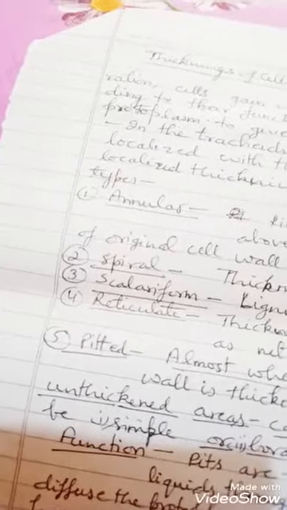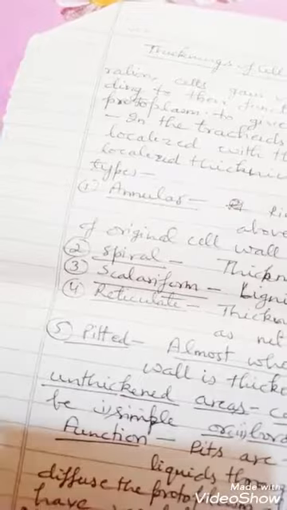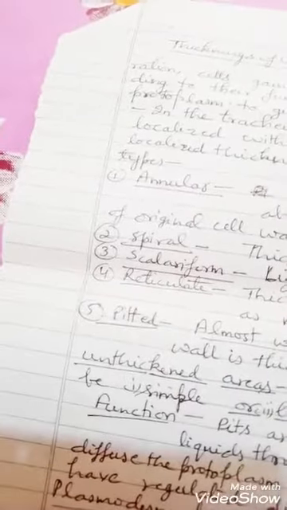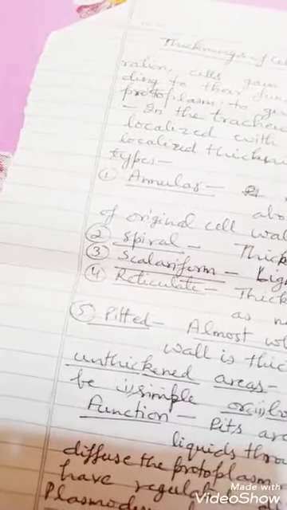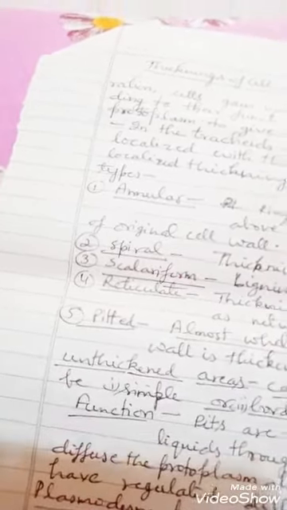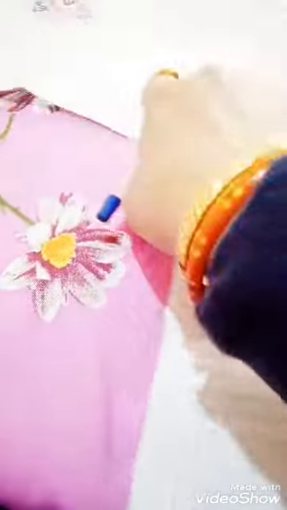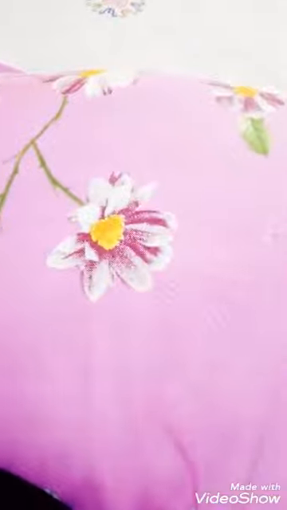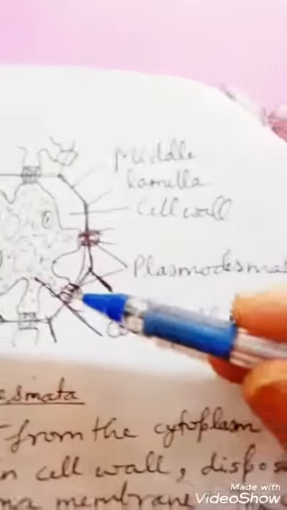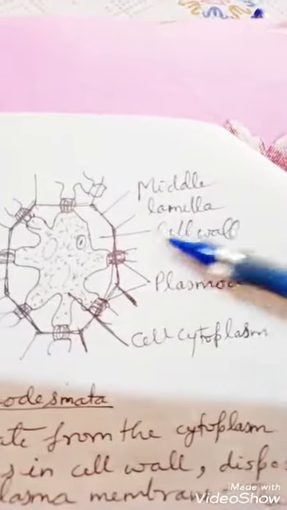Now we will talk about the plasmodesmata. These are the connections between the plasma membranes of lateral or adjacent cells, with connecting fibrils. You could see the plasmodesmata and the middle lamella in the cell wall.